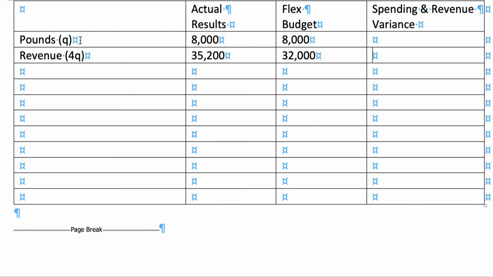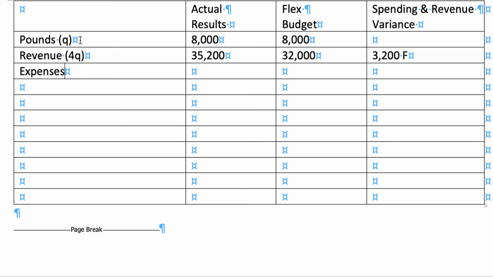We actually earned $35,200 in revenue based on the flex budget of 8,000 pounds. We should have earned $32,000 in revenue. So there's a $3,200 difference. Are we favorable or are we unfavorable? Well, we actually made more than what the flex budget said we should have. So we're favorable.